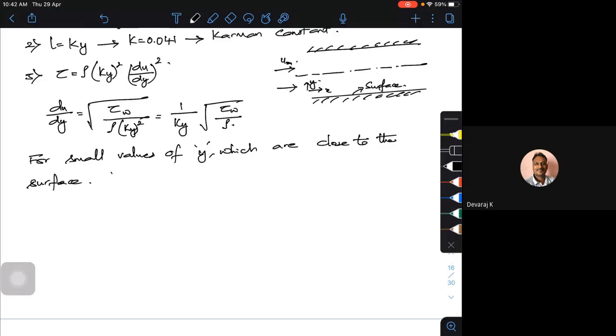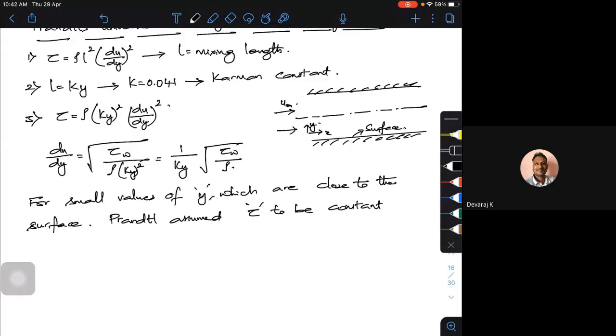So what Prandtl assumed actually is that your tau value is constant. That is, tau is not varying that much on the surface, but this tau will vary as we move away from the surface. So that's the meaning of it.